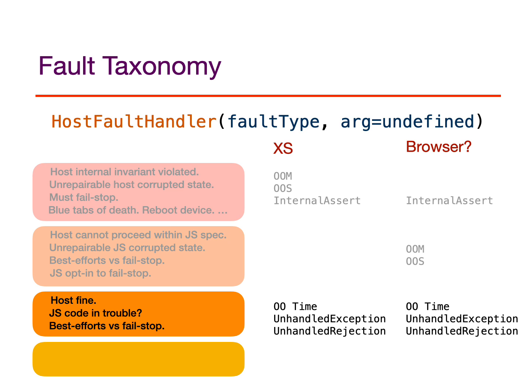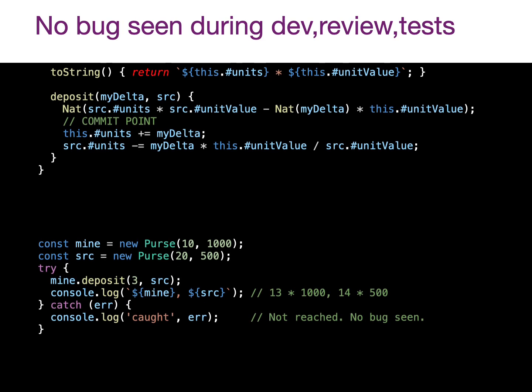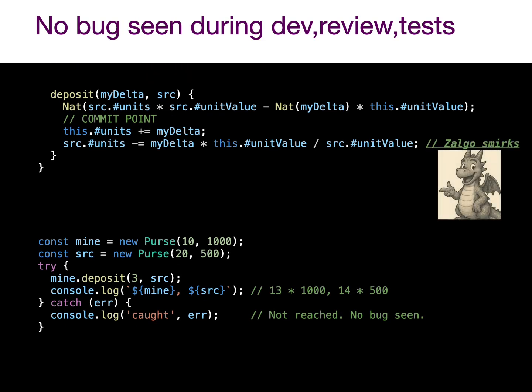But at this point, to motivate that remaining level of severity, let's go back to our example. So now that we're familiar enough with this code as a whole, let's just scroll forward to where we see both the deposit method and some code for testing it. There is an obscure bug in this code, or maybe not so obscure to some of you, but the nature of this bug is such that it could survive zillions of test cases like this.